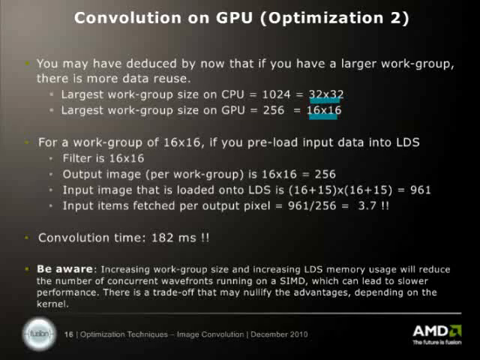So we are going to try to increase the work group size. The largest work group size that we have on the GPU can be 16x16. The largest on the CPU is 32x32. Right? Okay. So instead of using a work group of 8x8, let's use a work group of 16x16.